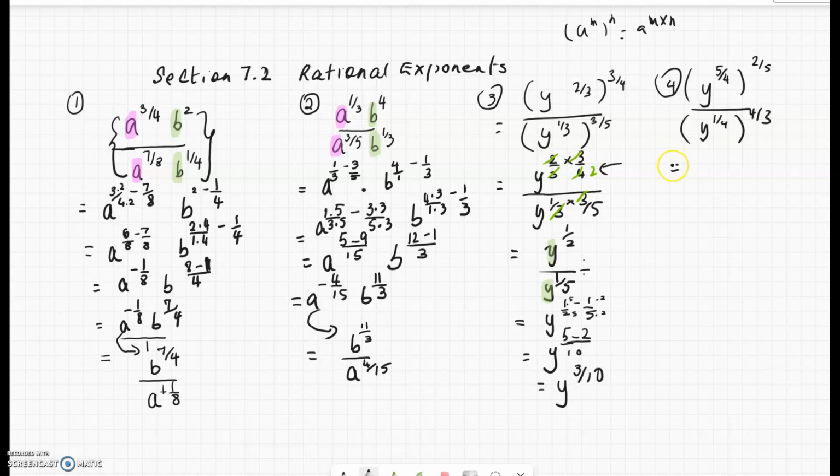So this is equal to, again, we simplify the numerator, we simplify the denominator. Remember, that's the first thing to do, simplify each of these in whichever way you can. So in this case, we go 5/4 times 2/5, because that's the rule of exponents, and then divided by, again, the same rule applies, 1/4 times 4/3.